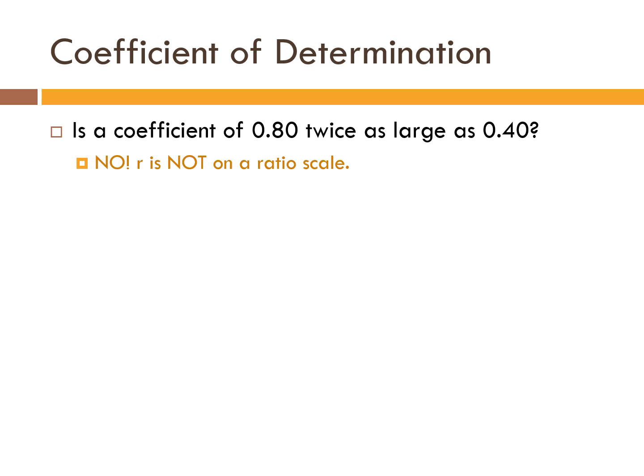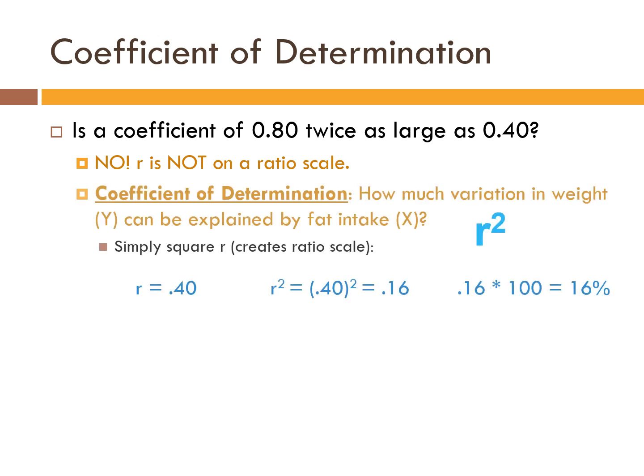If you'll remember back to the nominal, ordinal, interval, and ratio scales, ratio implies that there can be some kind of math about it, that there's a meaningful zero that means no relationship. But R happens not to be on that scale. You cannot compare them with twice as or half or any kind of math between them. Instead, we have to create a coefficient of determination to do that so that we can compare effect sizes.